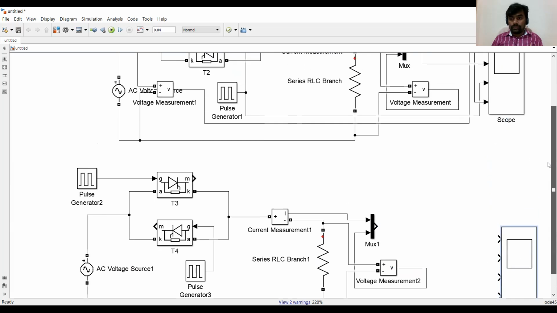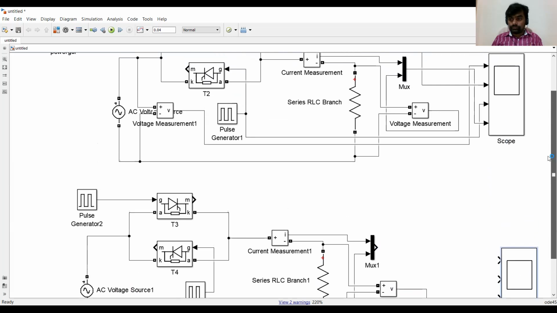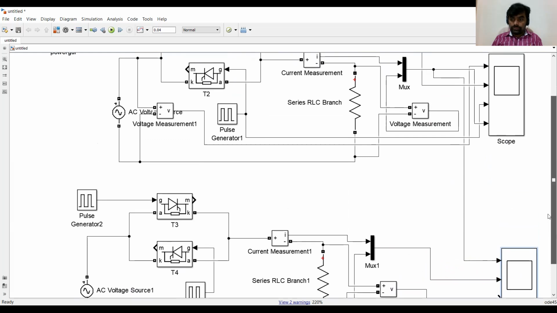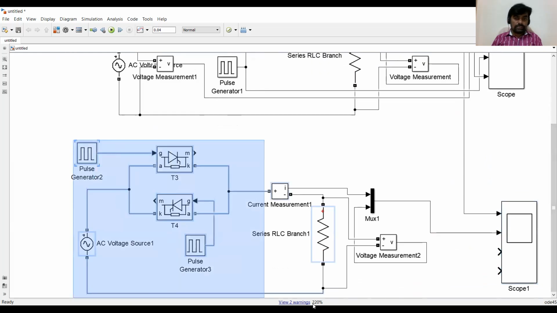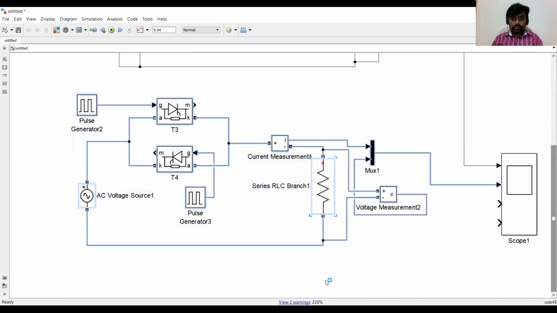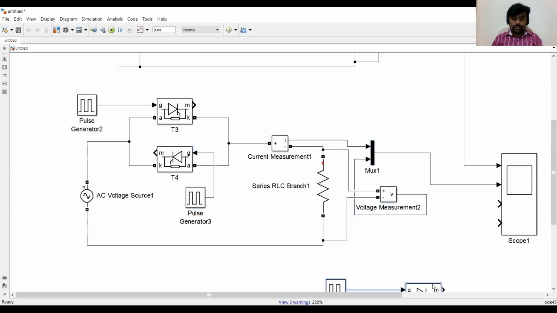Now this first one is at alpha equal to 30 degrees. Second one is alpha equal to 60 degrees. Similarly, I will take two more circuits like this.